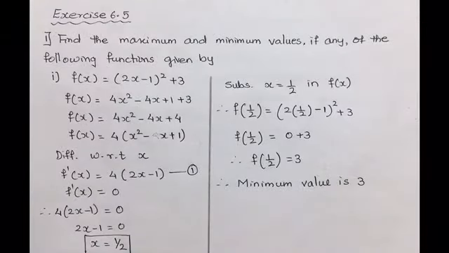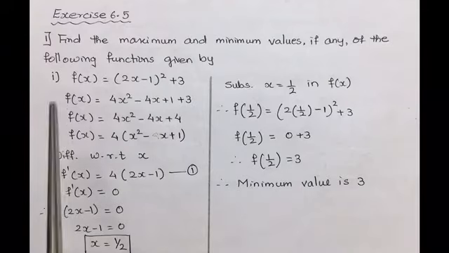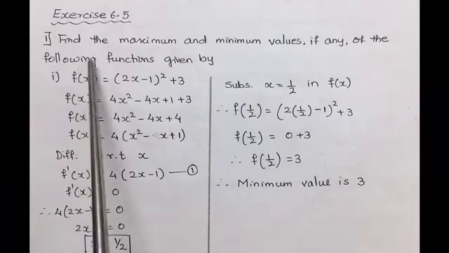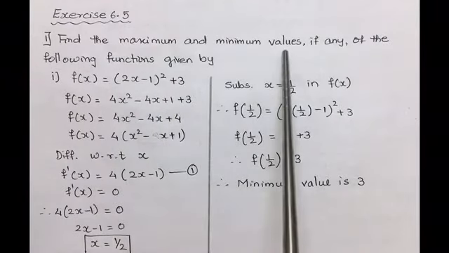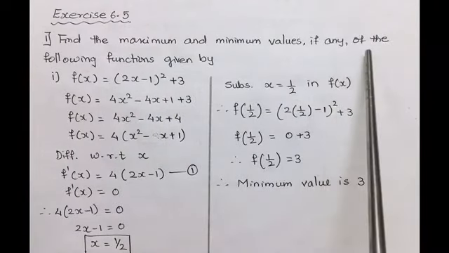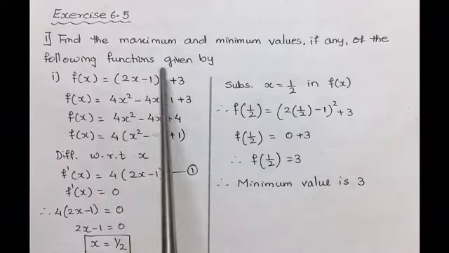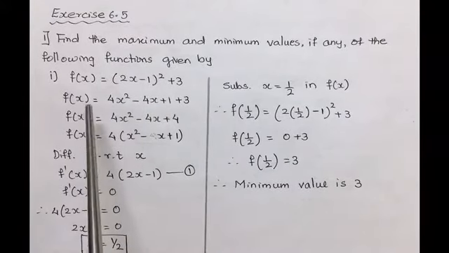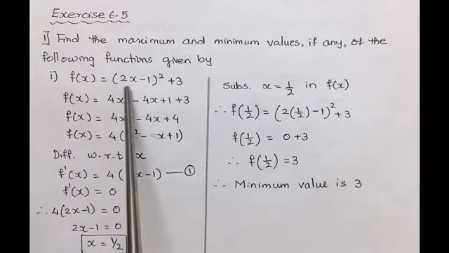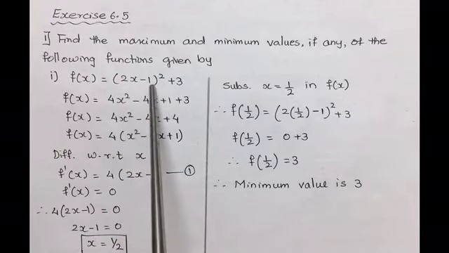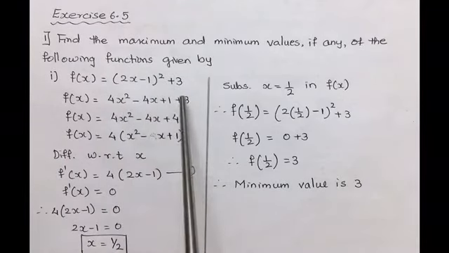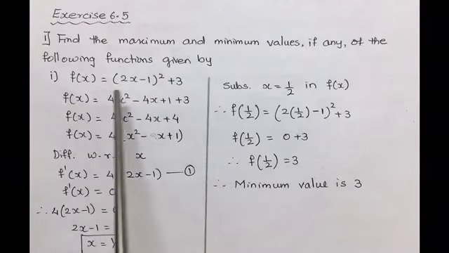Exercise 6.1. Question number 1 is, find the maximum and minimum values, if any, of the following functions given by. The first one is f(x) is equal to (2x minus 1) whole squared plus 3.